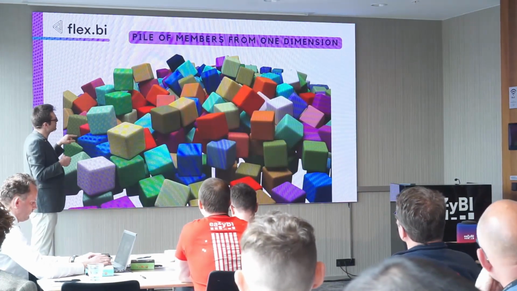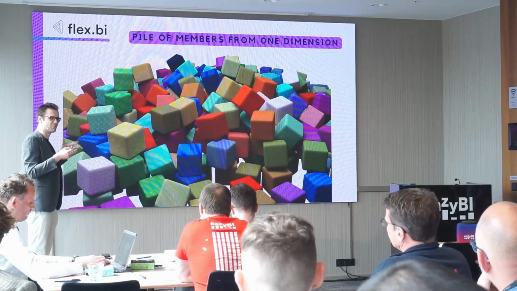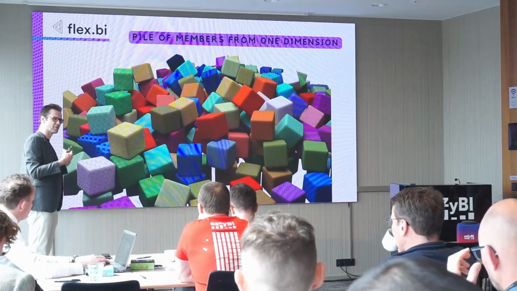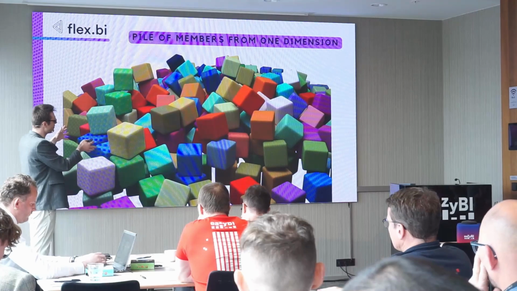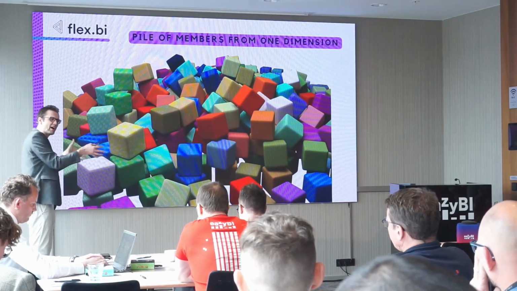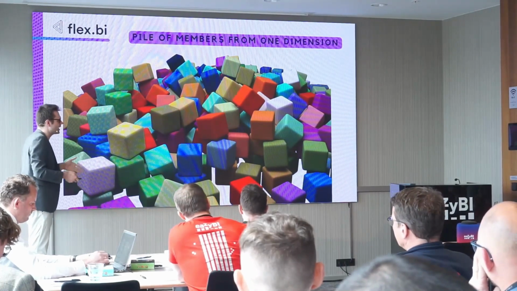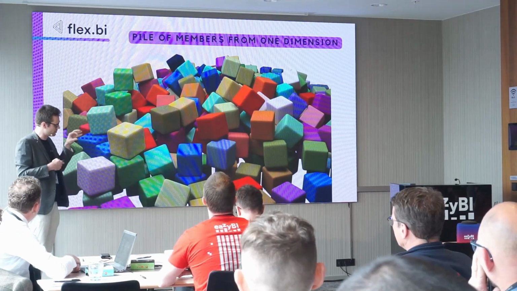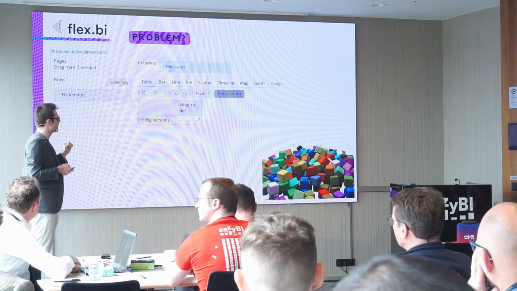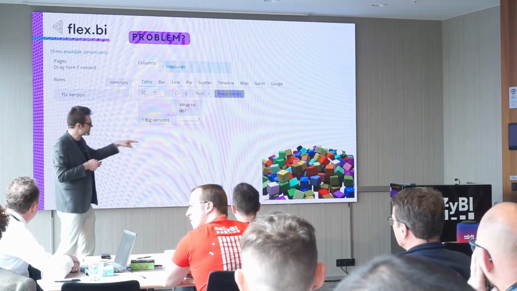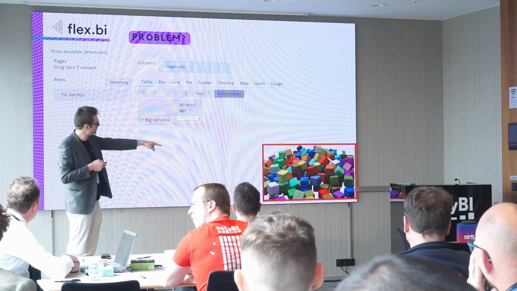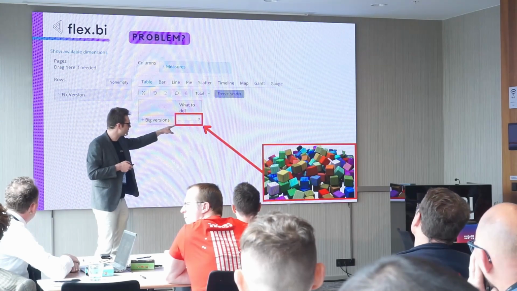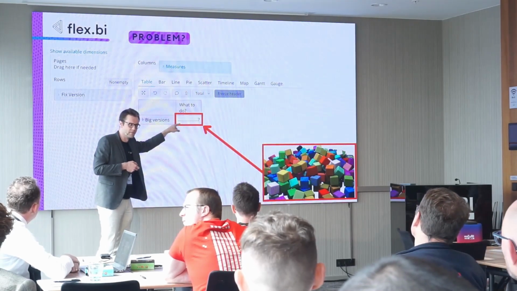You can look at it this way: when we have a set, we have a pile, a bunch of stuff. And what's the problem with that? Why isn't eazyBI allowing us to have a set? The problem is that we need to take that pile of things and put all of that into this little box.